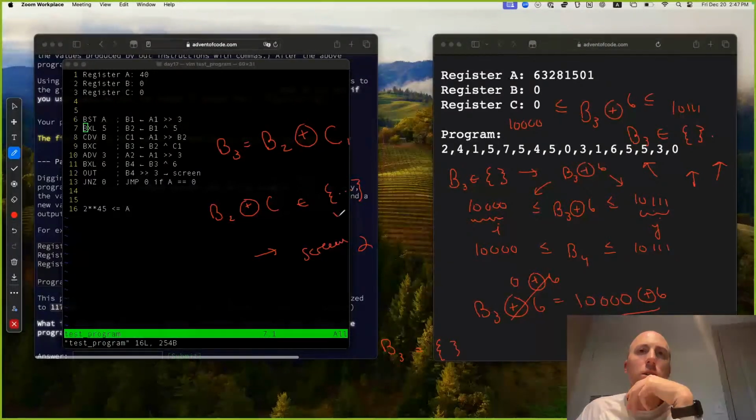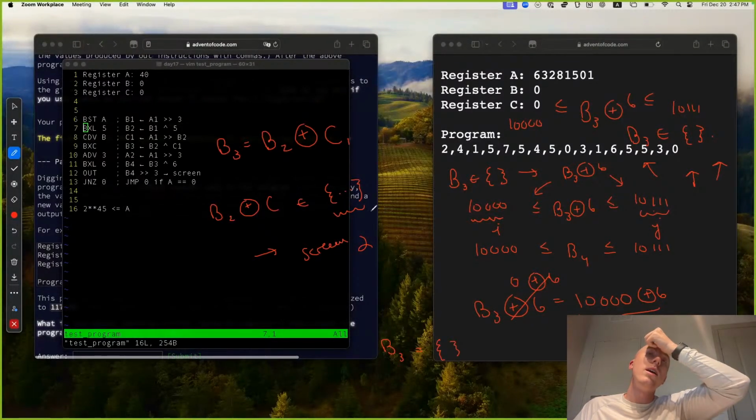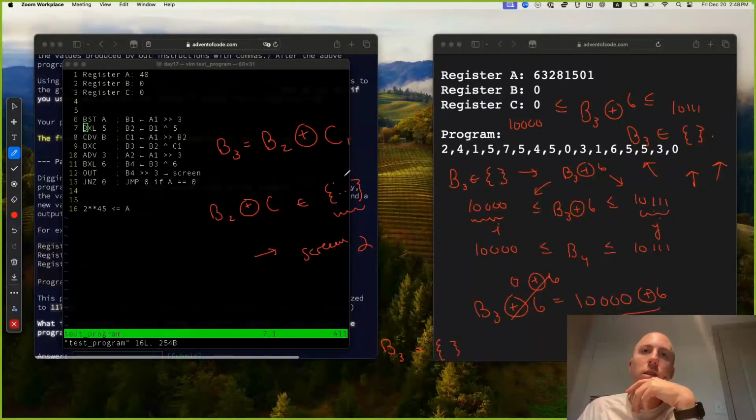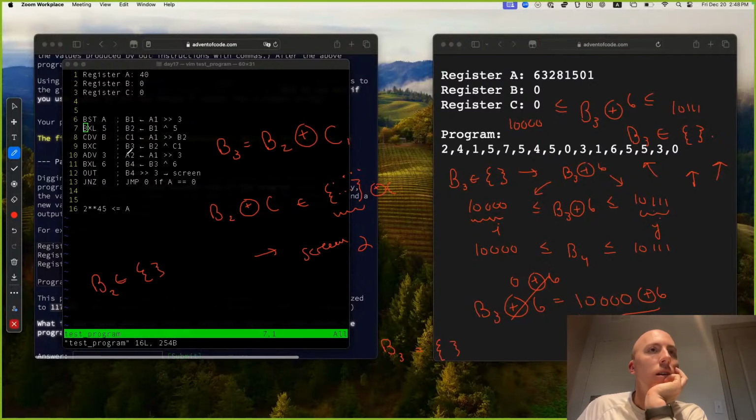So now we loop through all these elements and ask what value, when you XOR it with C, will give you the first element, the second element, and so on. So you go through all these and XOR them with C. And then you get that B2 is in this set. Then you XOR them all with 5, and you get that B1 is equal to this set.